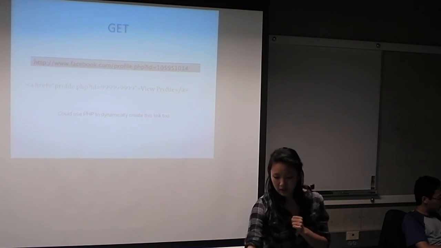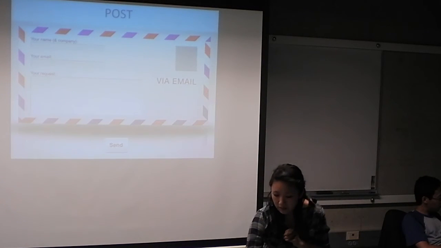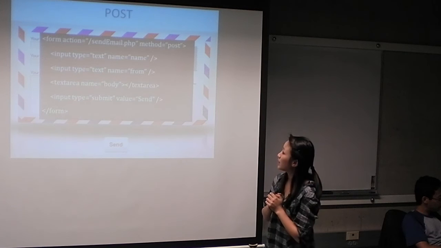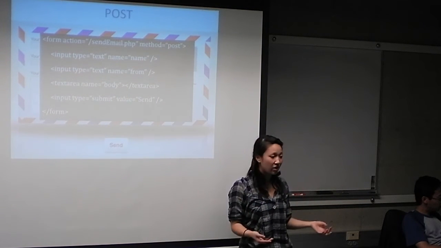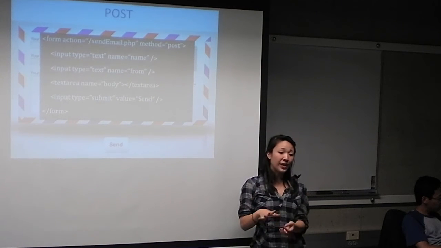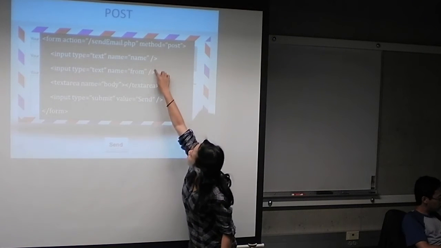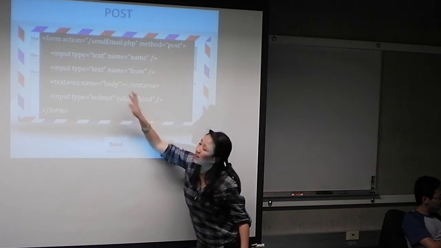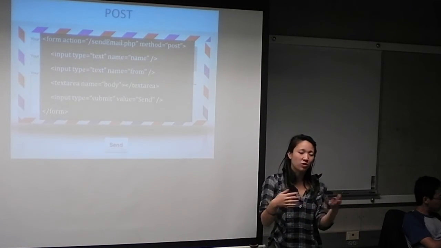For POST, you just have a form, and each of the input things has a type, like text field or text area. Your name is actually the POST variable name it will be assigned to. So you need to make sure these names, like name, from, and body, match the variables you're trying to call in the PHP, or else it'll just return null or something.